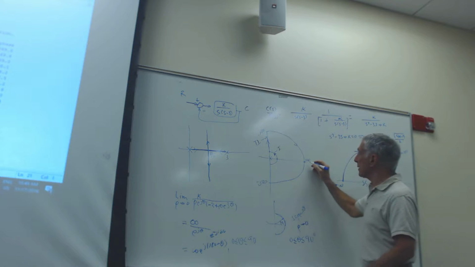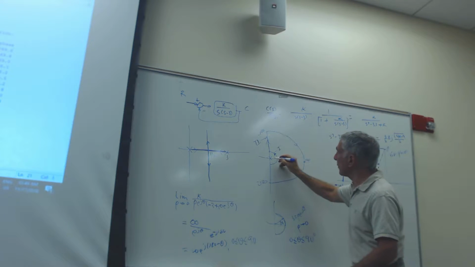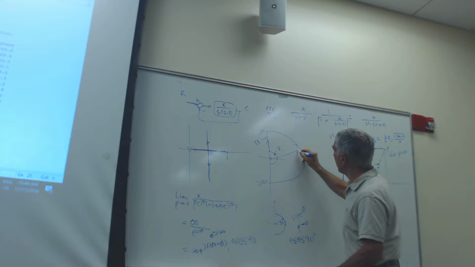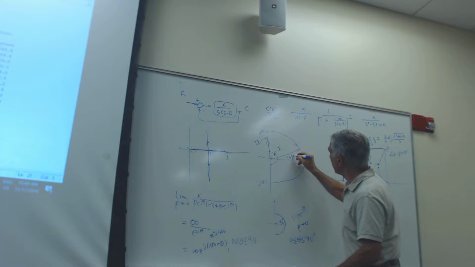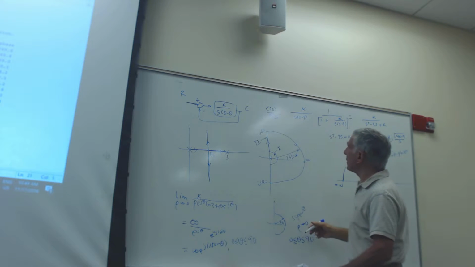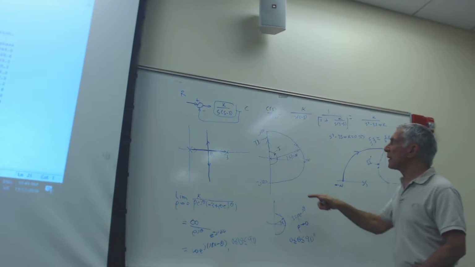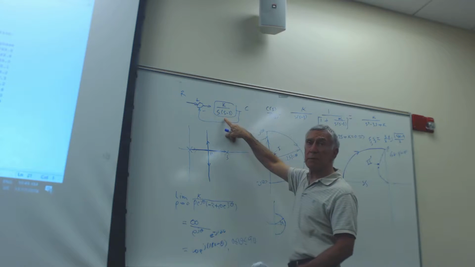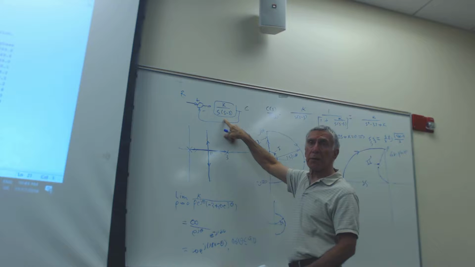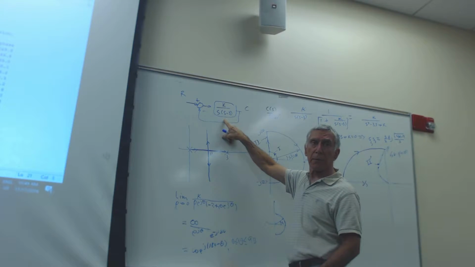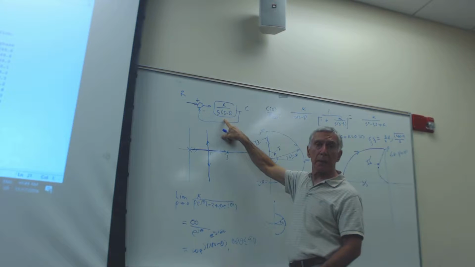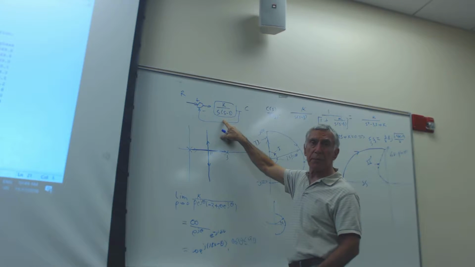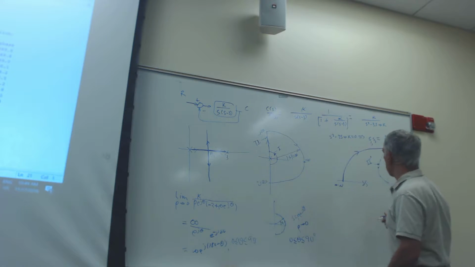This segment is at an infinite distance away. In other words, the vector from the origin has a magnitude which is infinite. And so what is the corresponding value of GH? Anybody? When S is infinite, it is 0.